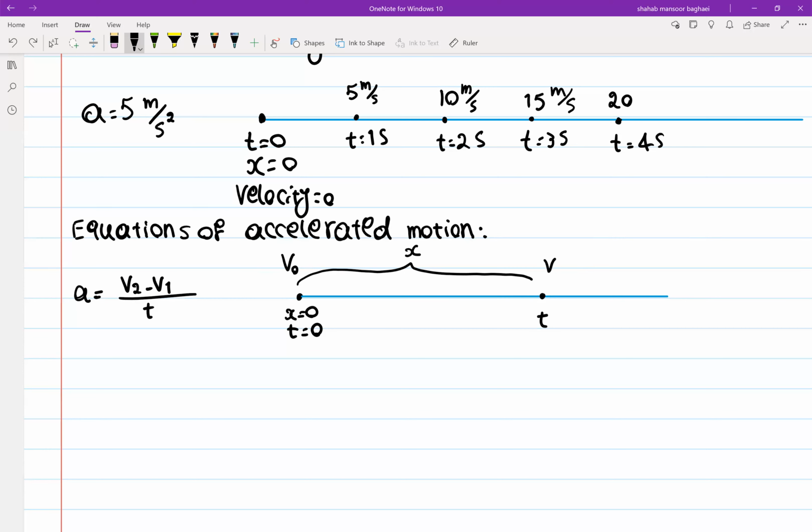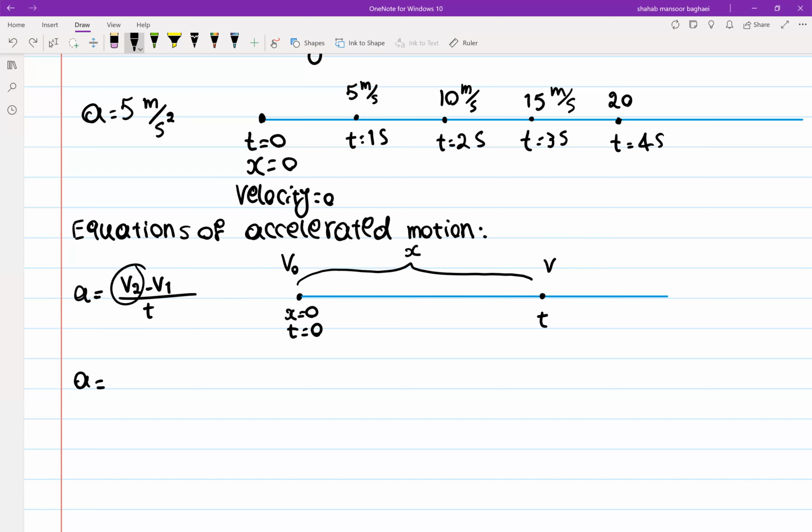Consequently, here, you can apply this equation for this moving particle according to this figure. A equal to, instead of V2 here, you can use V here according to this figure, because this is second velocity according to this situation.